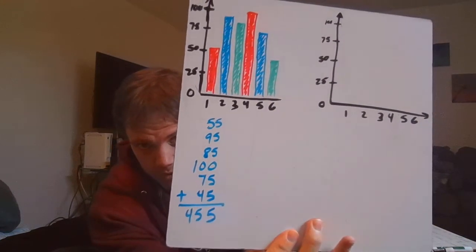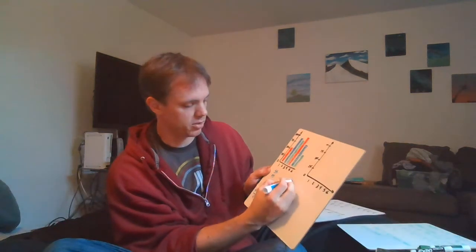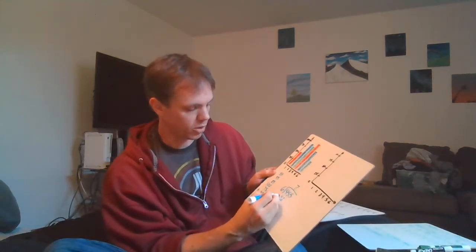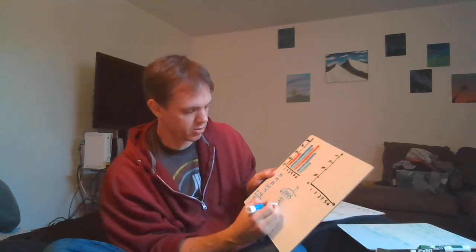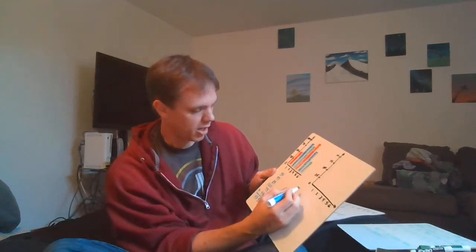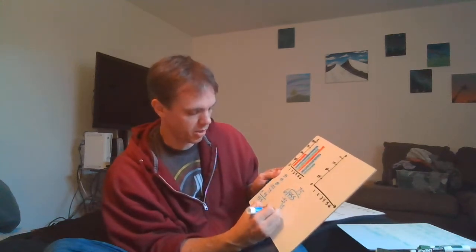Okay, so 455 points, and there were 6 assignments. That means we need to divide 455 by 6. Okay. So 6 goes into 45 7 times, which gives you 42. 45 minus 42 is 3. Drop down the 5. 6 goes into 35 5 times, which gives you 30.